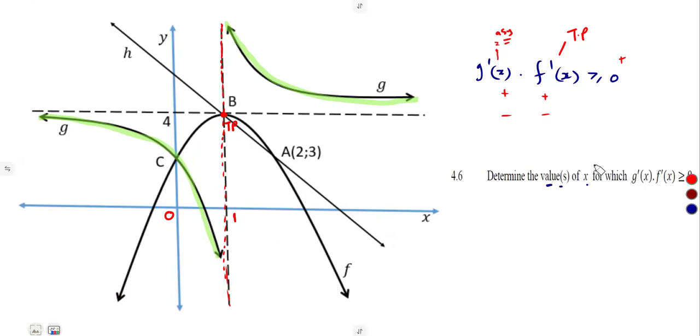Let us consider first our g. Remember, guys, when it is a hyperbola like that, this is what we have, a decreasing function. When it is found in these regions, it is a decreasing function. So a decrease means that the derivative is less than zero, so it is a negative.